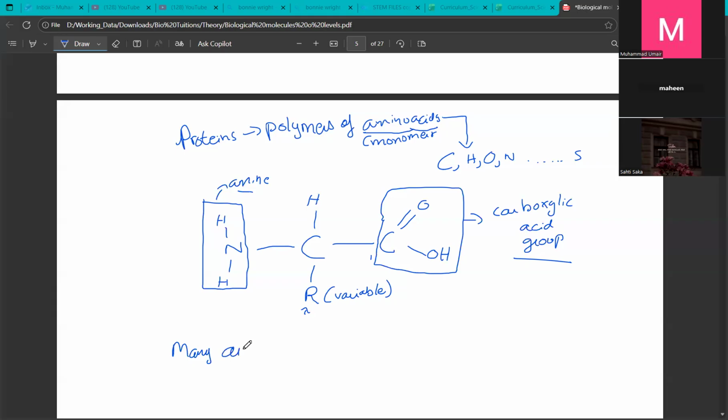So many amino acids join together to make proteins. सही है.